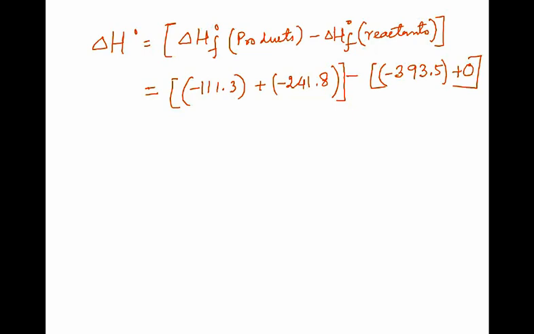So that is for the hydrogen that is out there. So what is the difference? We get the difference which is equal to minus 353.1 plus 393.5. So the total comes that delta H0 is equal to plus 40.4 kilojoule.